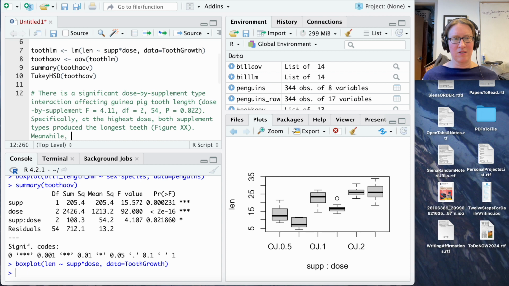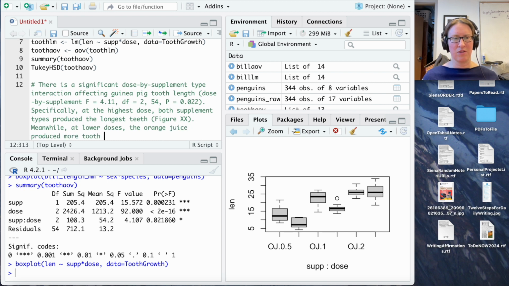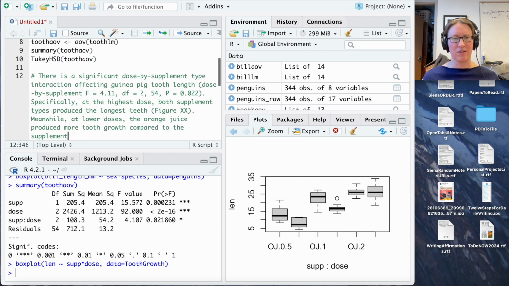Meanwhile, at lower doses, the orange juice produced more tooth growth compared to the supplement.